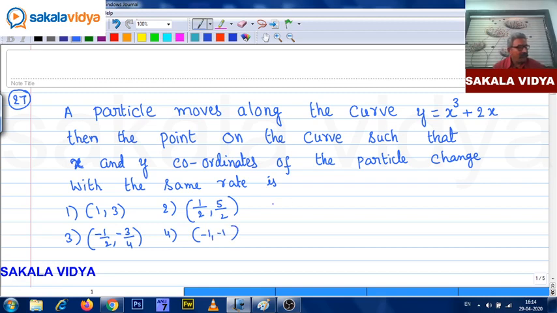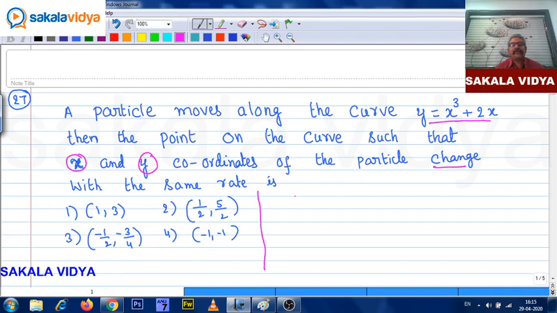Okay. So, that means a particle moves along the curve y is equal to x cube plus 2x, then the point on the curve such that x and y coordinates of the particle change with the same rate. That means dx by dt equal to dy by dt.